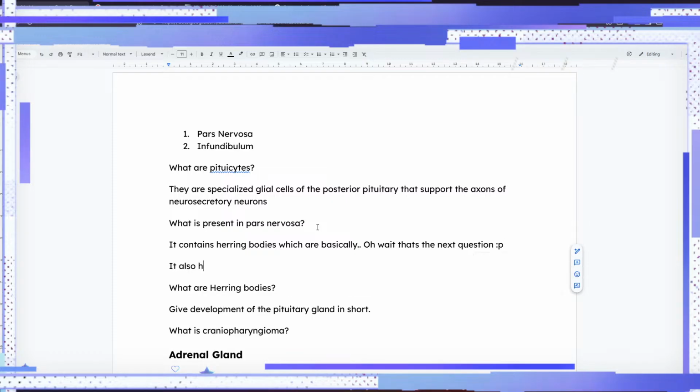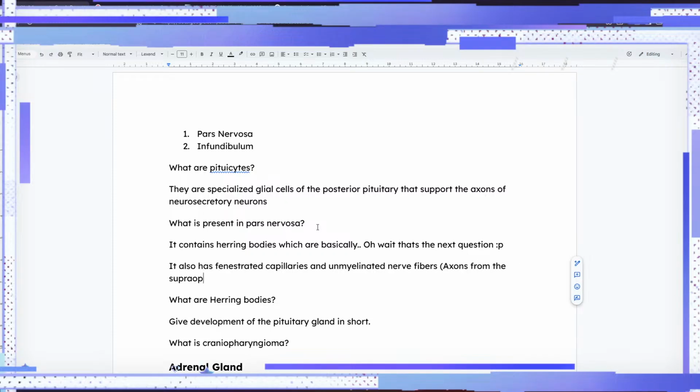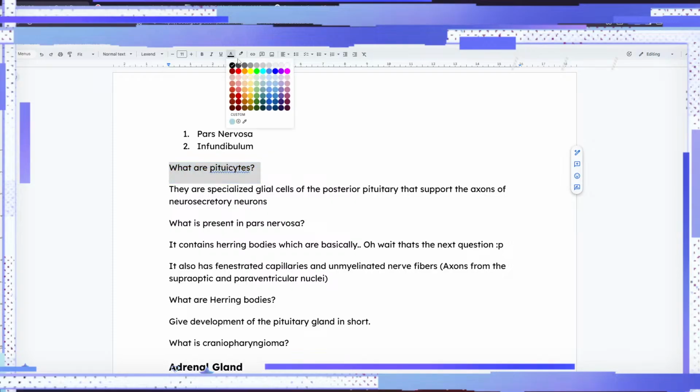It also has fenestrated capillaries and unmyelinated nerve fibers, axons from the supraoptic and paraventricular nuclei. Simple enough, right? That is good.